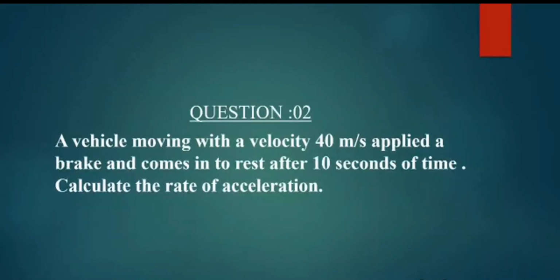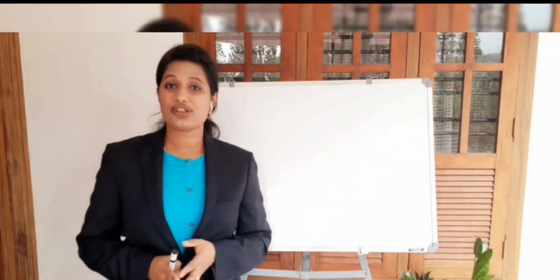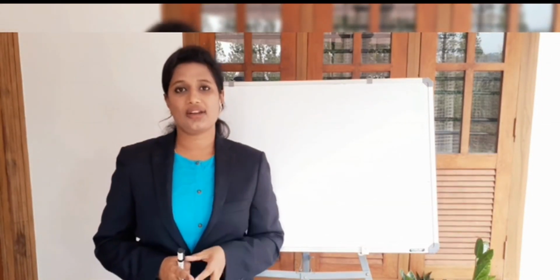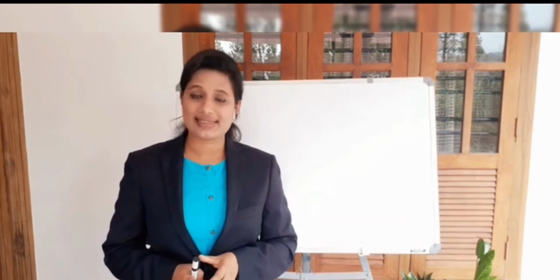Question number 2. A vehicle moving with a velocity of 40 meter per second applies the brake and comes to rest after 10 seconds of time. Calculate the rate of acceleration. Before solving the question, let us identify the quantities mentioned in the statement.